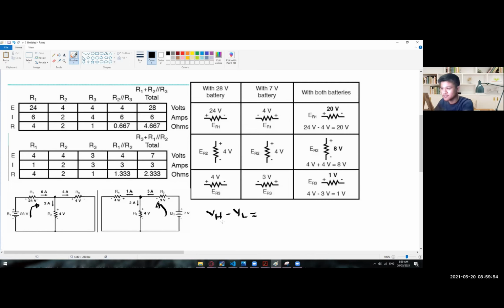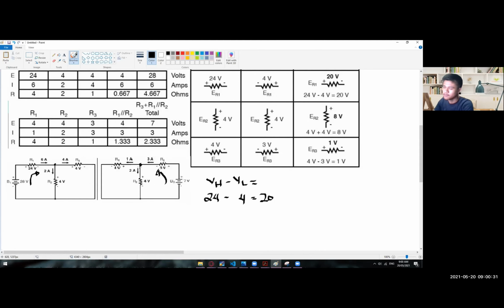So we have 24 minus 4, which is equal to 20 volts. The one that dominates node A right here is the left side, and the final value of this one is 20 volts.